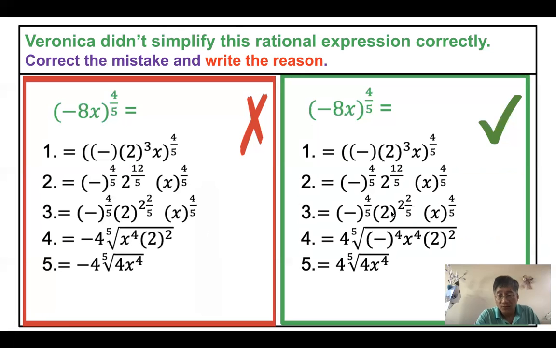So 2 squared goes out as 4, right? But now everything, negative 2 and x, they all have the rational exponent denominators, and the denominators are all 5. So we use the 5th root, right? And then the rest, negative to the 4th power goes inside, 2 to the square goes inside, x to the 4th power goes inside.